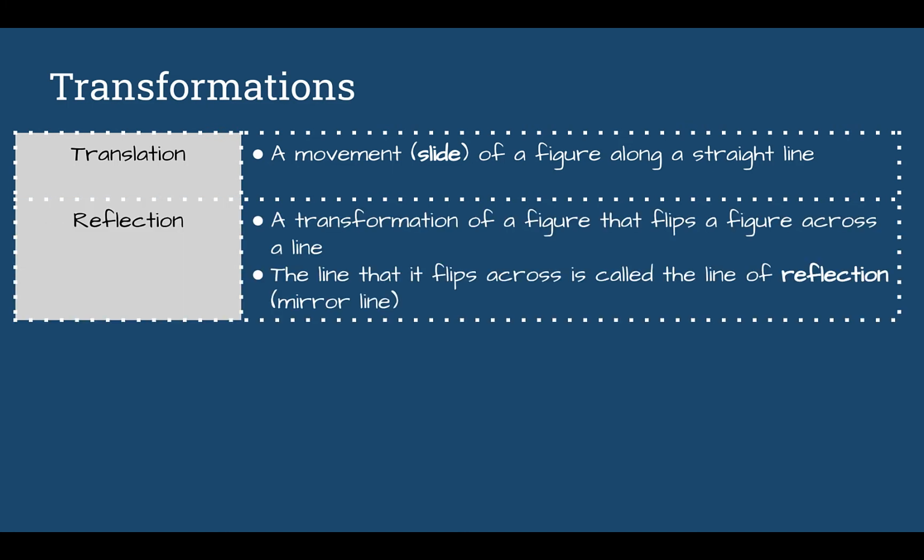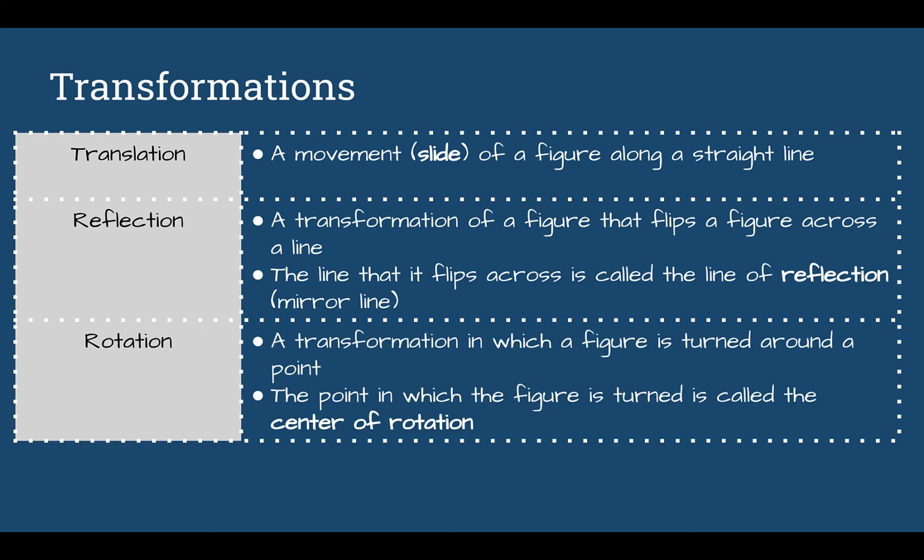A reflection is a transformation that flips a figure across a line. The line that it's flipped over is called the line of reflection or a mirror line. Third, we have rotation. That is where the figure is turned around a specific point. That point where the figure is turned around is called the center of rotation.